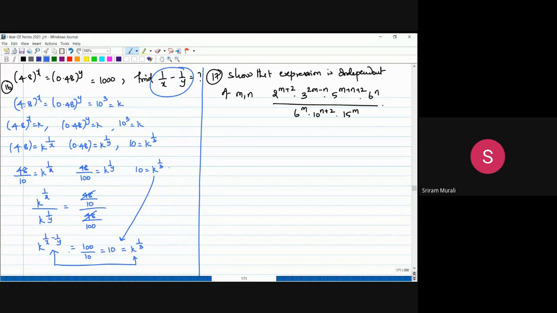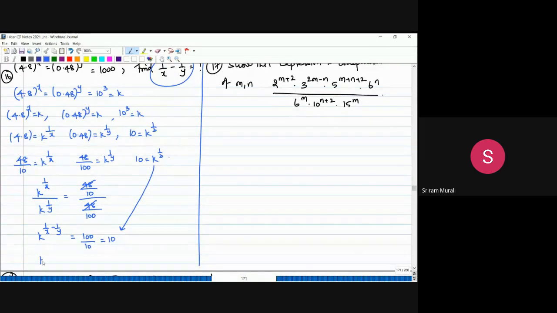If I equate the base, then what do I get? k power 1 by x minus 1 by y is equal to k power 1 by 3. When the bases are same, equate the powers. 1 by x minus 1 by y is equal to 1 by 3. Have you understood? Yes, sir.